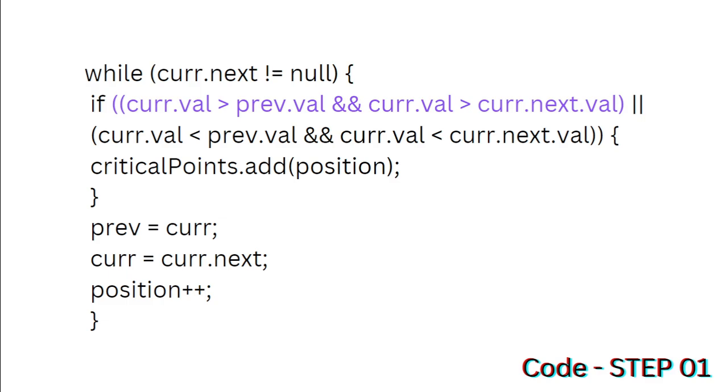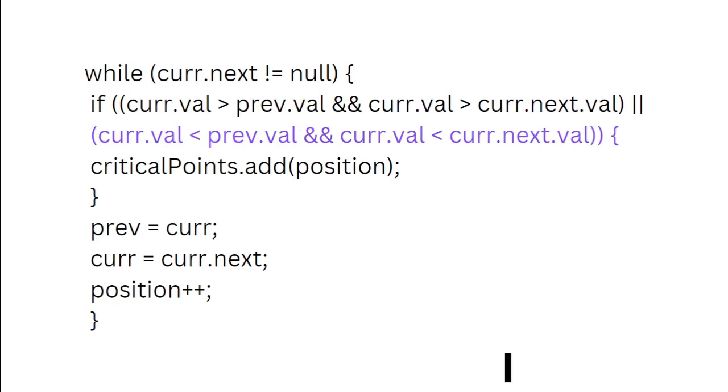See, if the current value is greater than the previous value, and the current value is greater than the current dot next value, then the current node we are standing at is a local maxima. The local minima condition I have also specified here. So if either condition is satisfied, we add that position into our critical points.